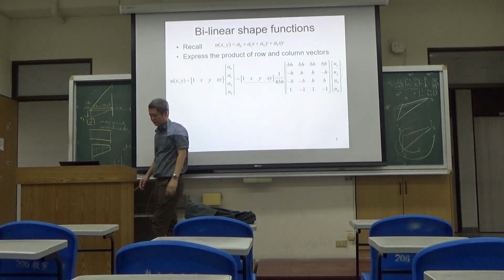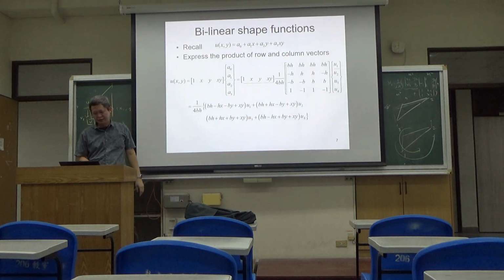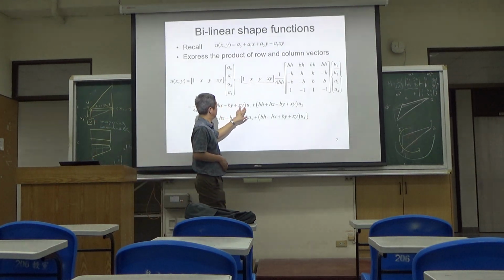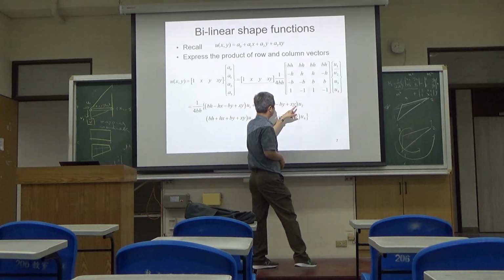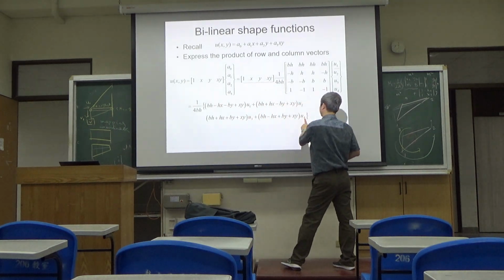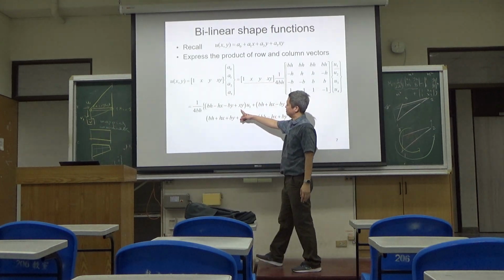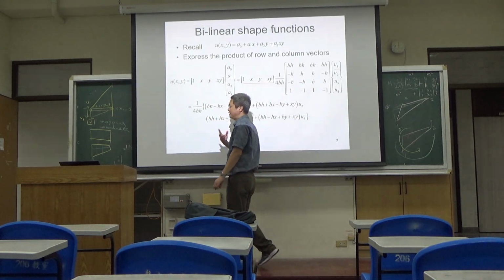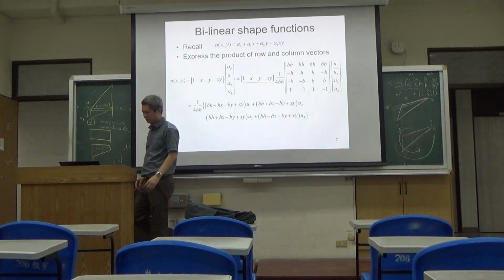Then you're going to have the expression like this. This expression already has a grouping using displacement 1, displacement 2, displacement 3, and displacement 4. And their pre-multiplier is what you call bilinear interpolation function.